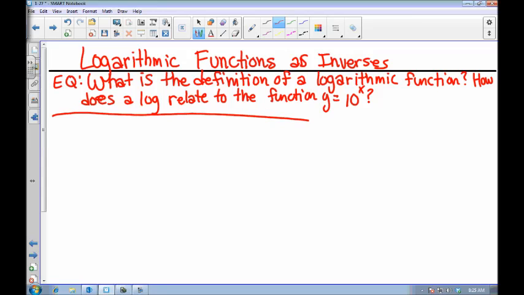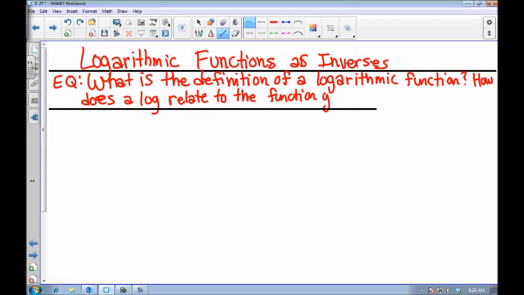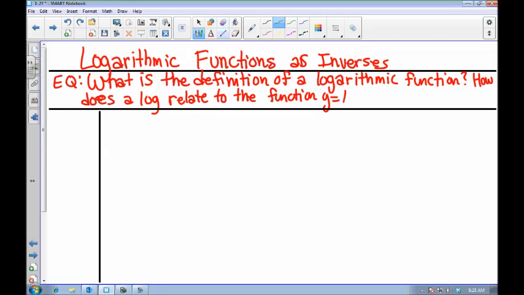Oh, that is not a straight line. Let's try that again. Y equals 10 to the x. What is the definition of a logarithmic function, and how does a log relate to the function y equals 10 to the x?